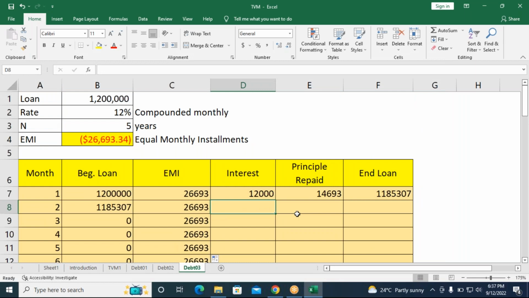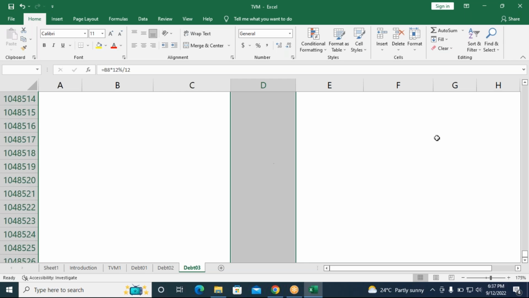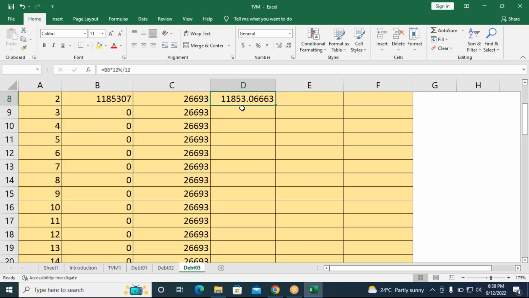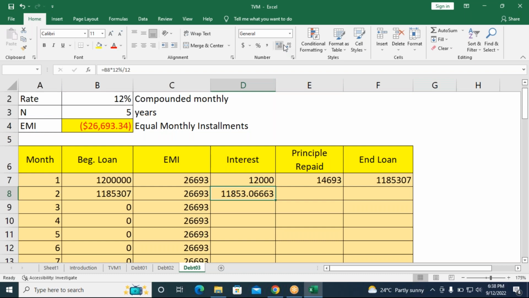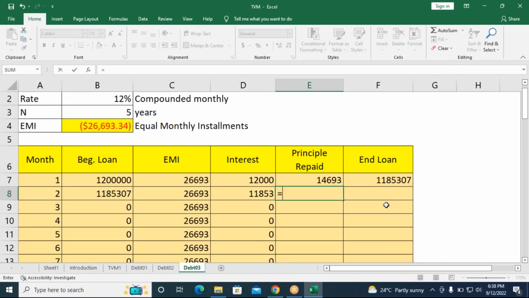Now I need to calculate the interest, that will be is equal to this amount into 12% divided by 12. Okay. So here I'll remove the decimals and I'll just double click. Okay, interest is also calculated. Now principal, what is the amount?